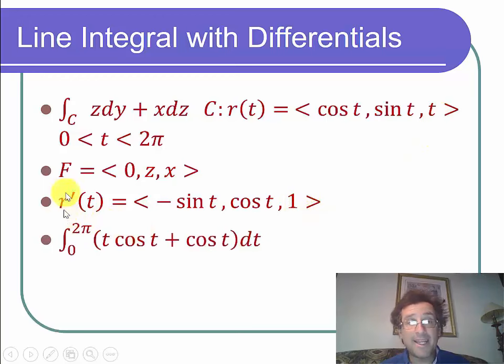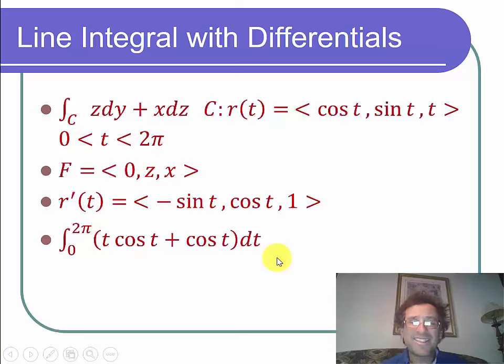Now to find this line integral, we just take the integral from 0 to 2 pi, and we take the dot product. So that's going to be 0 times negative sine of t, that just goes away. We have z, which was t, times the cosine of t, so there's t times cosine of t, plus x, which is cosine of t, times 1, which is plus cosine of t, and then dt.